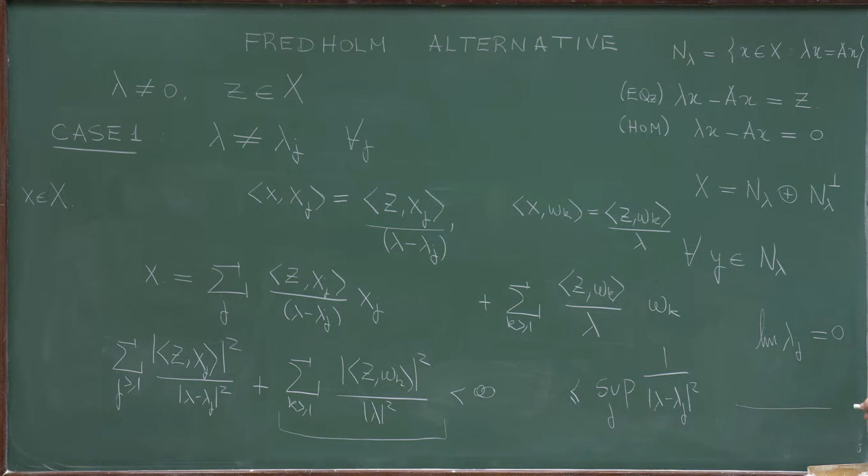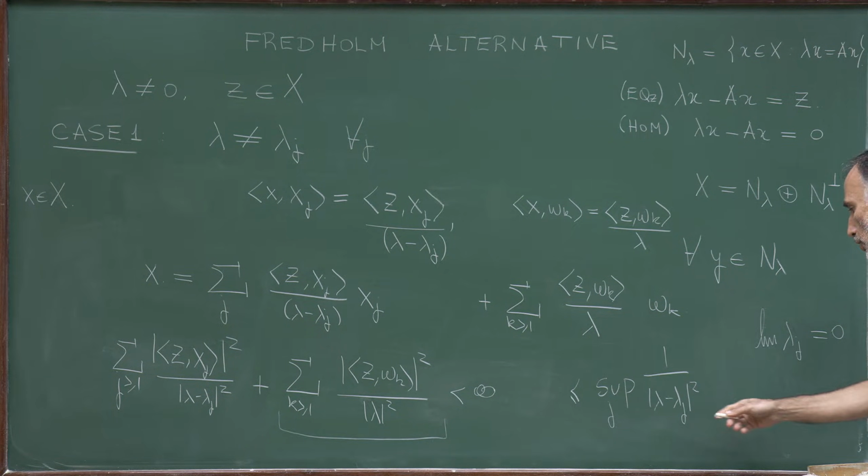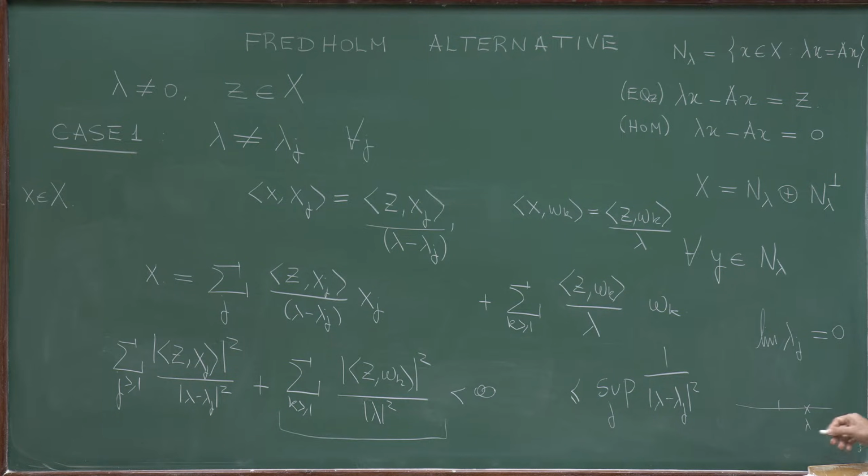So since λ is different from 0, let's say that λ is a real number. Here is, let's say, λ. We know that all the λ_j's are real numbers, and their limit is equal to 0. So if I fix an epsilon, I know that starting from some j0, they are all less in absolute value than |λ| minus epsilon.